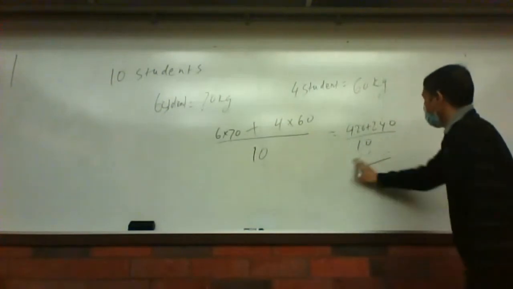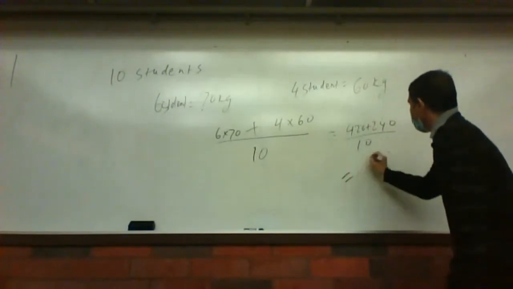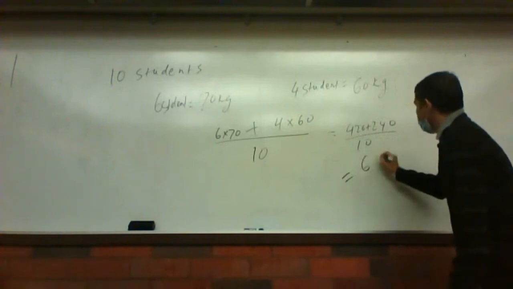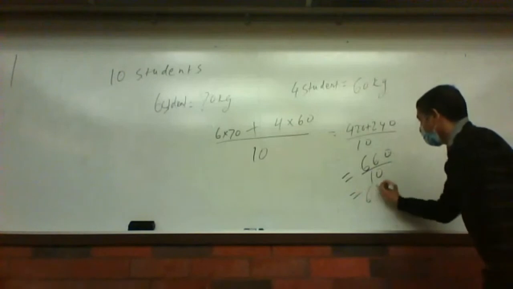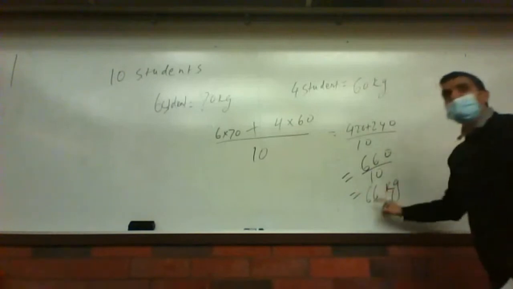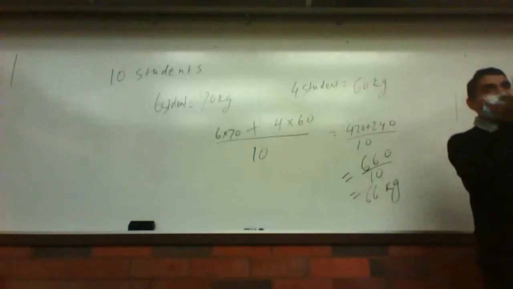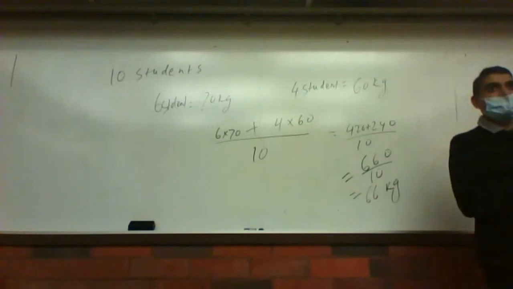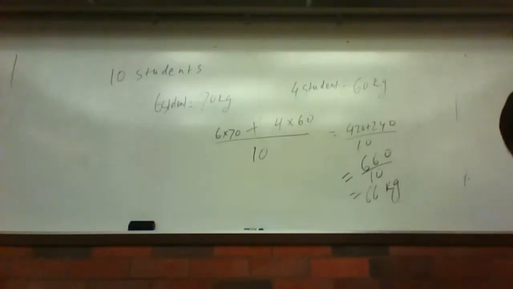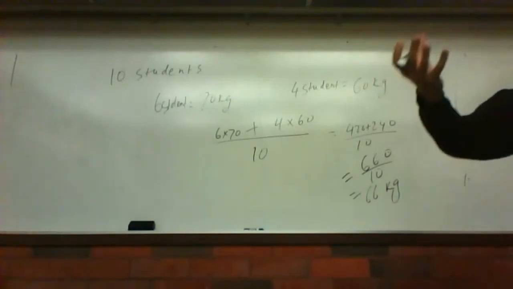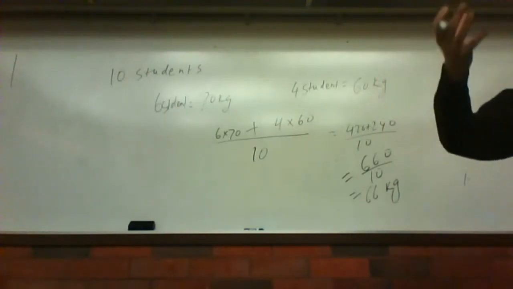I think I made a mistake here. So that is 660, right? Divide by 10, and I get 66 kg. So the average mass of the students in the room is 66 kg, right? Make sense? This is called the atomic weight. So we need to calculate the average mass of one kind of atom.